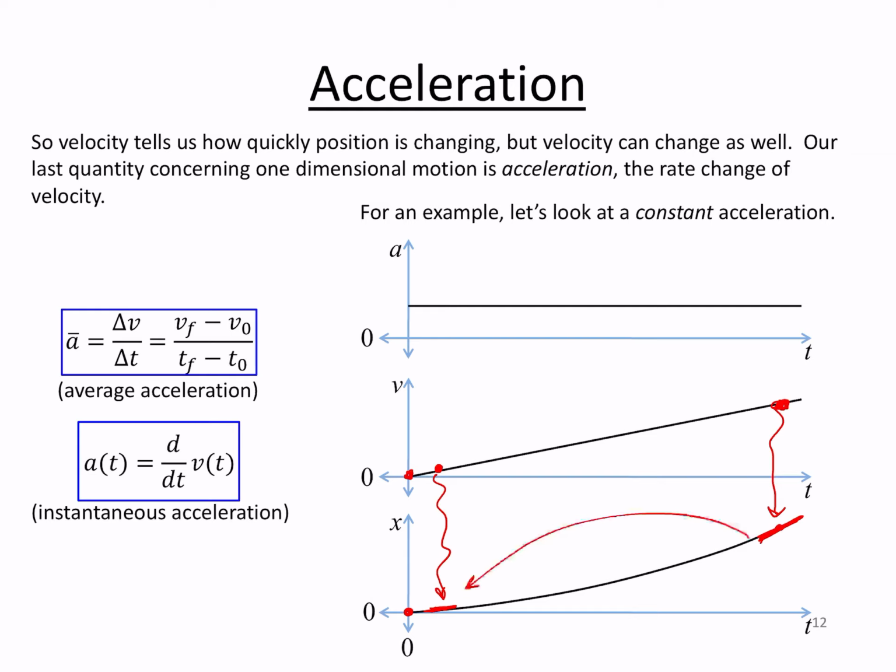And that slope increases linearly, right? Because velocity is increasing linearly, so the slope of the x versus t graph also increases linearly. What you get in that case is an x versus t graph that is parabolic.